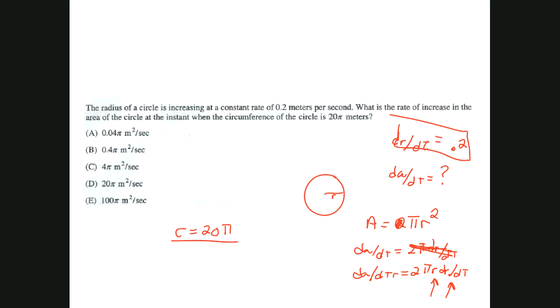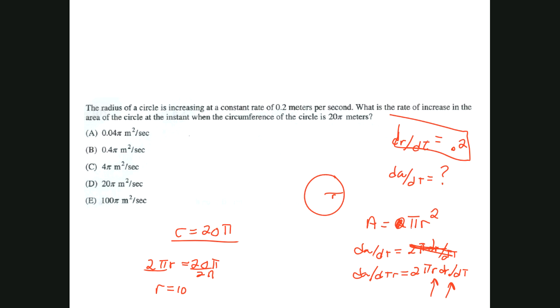Well, circumference is 2 pi r, isn't it? It's equal to 20 pi. So now if I divide through by 2 pi, I end up with r is equal to 10.